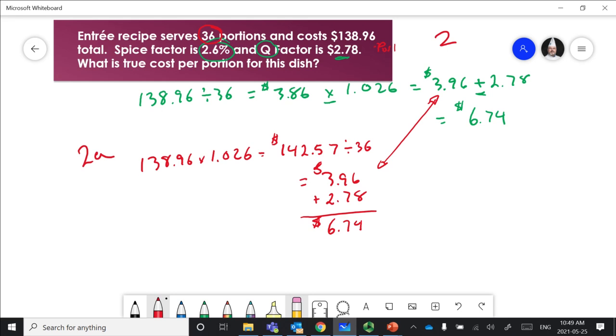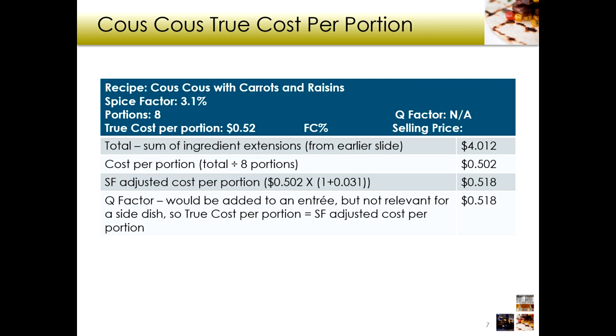So if we go back to our original recipe that we started with in this whole chapter on couscous, right? We had the total recipe cost us $4.01, basically, right? We divided that by 8 portions in the recipe, and it came up with about 50 cents. With our spice factor added in of 3.1%, we ended up with 52 cents. Now there's no Q factor here because this is a salad, probably.